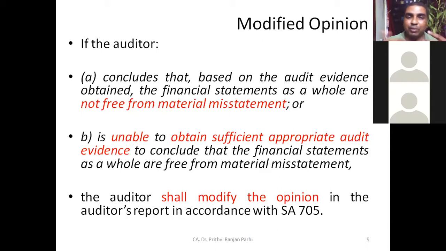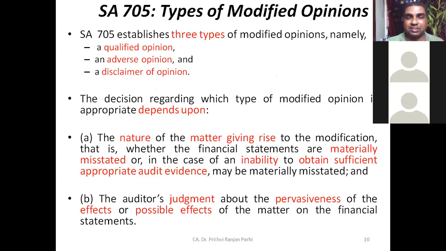Or maybe he is unable to obtain sufficient and appropriate audit evidence to ensure that it is free from material misstatement or not. So in that situation, the auditor feels it is necessary for him to modify the report. And in that case, he can either issue a qualified report or adverse report or disclaimer of opinion. These are the three kinds of reports.